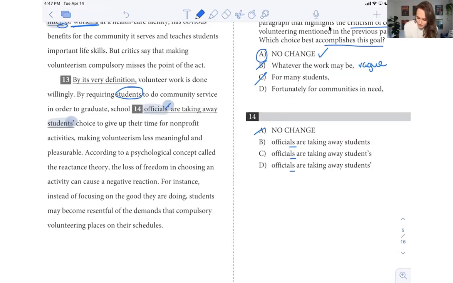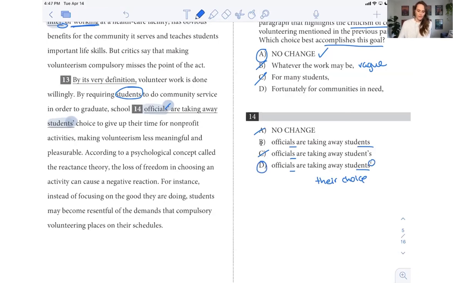Answer choice B and D have plural students. So C is out because that's just one student. And then it's student's choice. So here we do need a possessive because we could say it's their choice, right? And remember, there is the possessive pronoun. So we need that apostrophe. So we would say D for number 14.